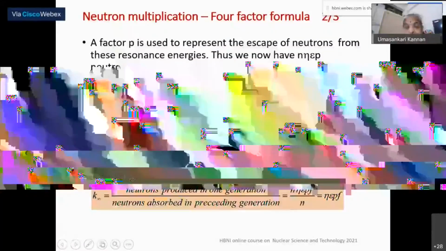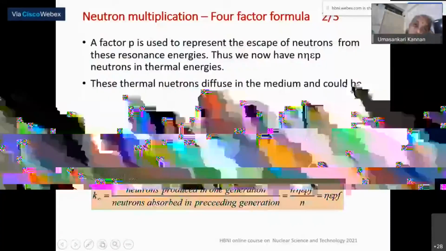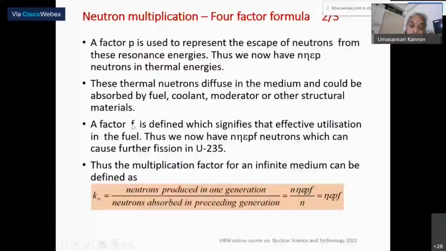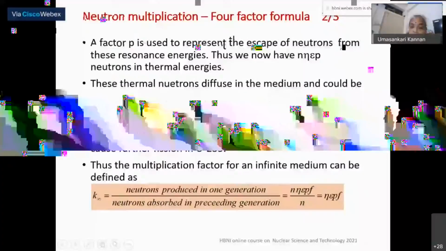Now, in a chain reacting system, you could have fuel, coolant, moderator and other structural materials. So not all these thermal neutrons are going to get captured by the fuel. Only a proportion of them will be captured by the fuel. So a factor f is defined, which signifies the effective utilization in the fuel.